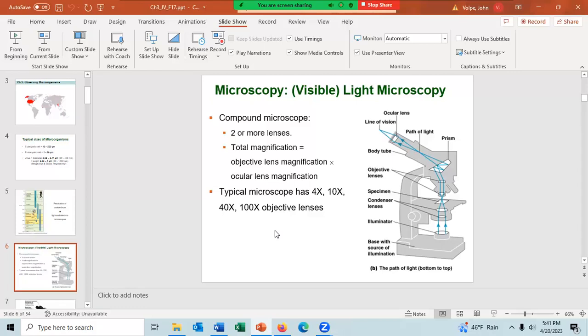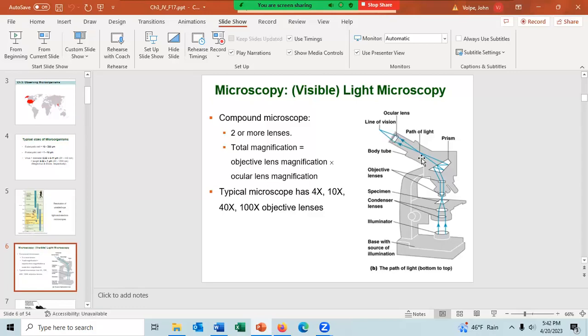We're going to talk about the light microscope. And in the lab, we normally have a compound light microscope. A compound microscope is one that has 2 or more magnification lenses. We have a magnification lens in the objective lens and a magnification lens in the ocular lens.